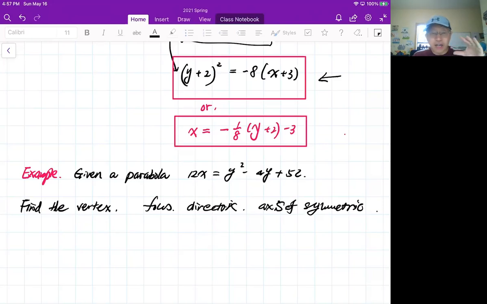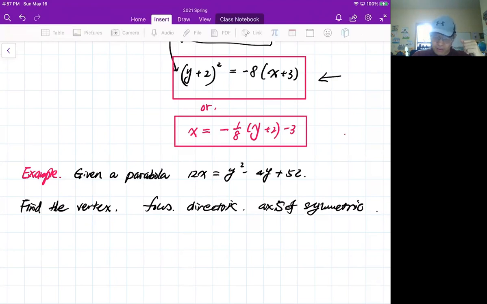Okay, so the key idea is completing the square, right? Because you need to have a square of one variable equals something times the other variable. So if you have y squared minus 4y, I don't need that 4y. So that means I need to put the right-hand side as a square in terms of y. Can you do that?